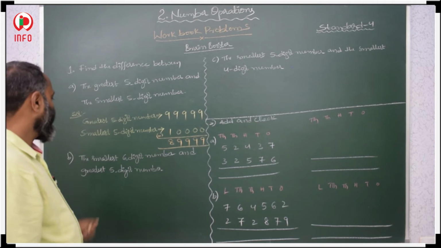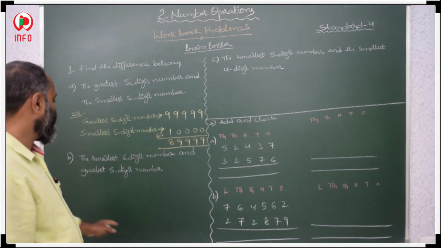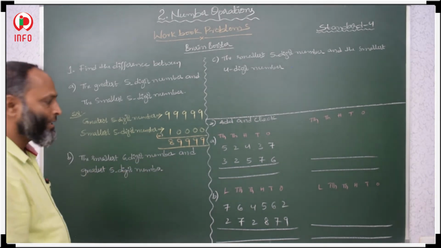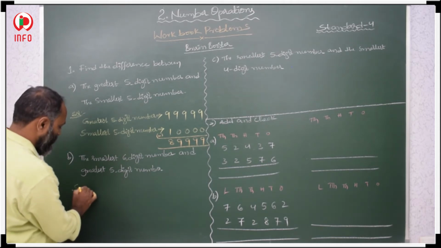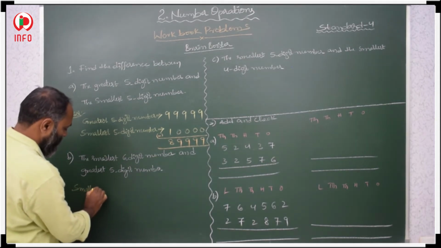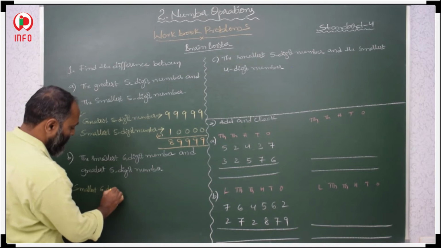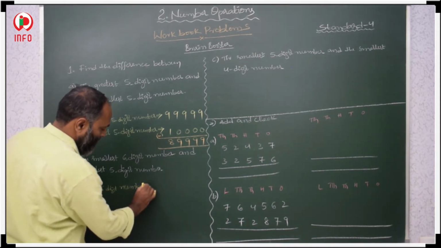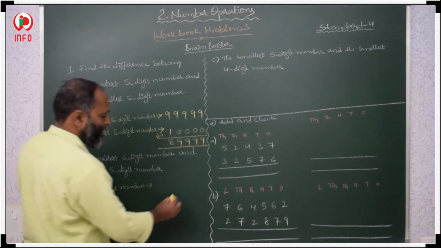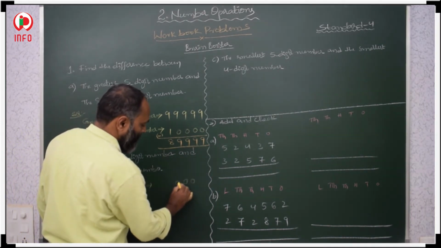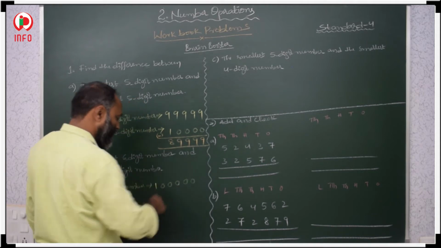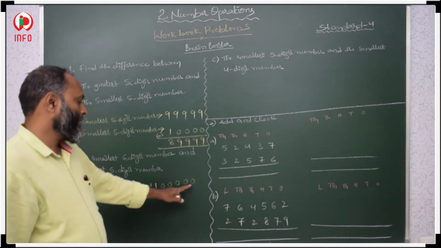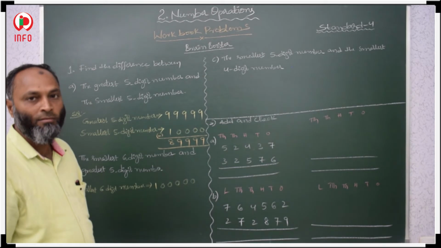Next, the smallest 6-digit number and the greatest 5-digit number. Smallest 6-digit number, so 5 zeros we have to take: 1, 2, 3, 4, 5, then 1. Total 6 digits: 1, 2, 3, 4, 5, 6.